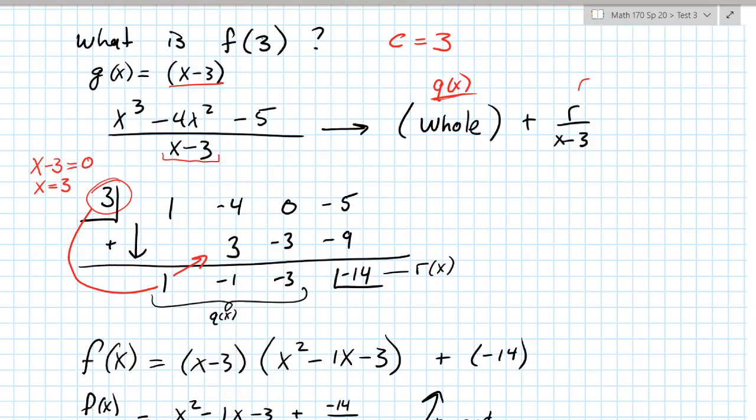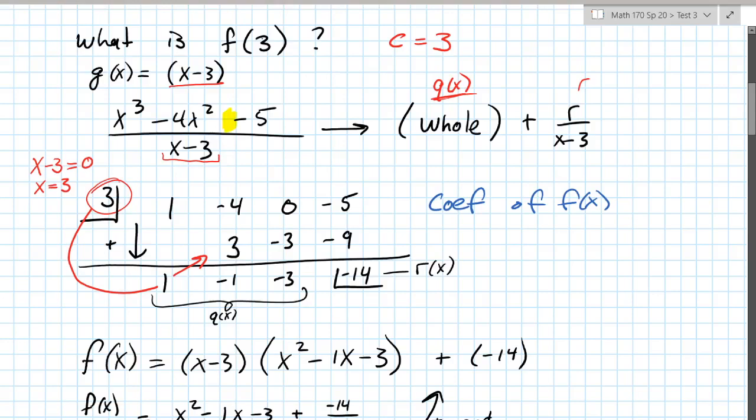The numbers 1, -4, 0, and -5 are the coefficients of f of x, and we're just keeping track of the coefficients instead of doing the whole long division, which makes it a little bit shorter. Note that we have a missing term. There aren't any x terms, so we have 0 x terms right here.